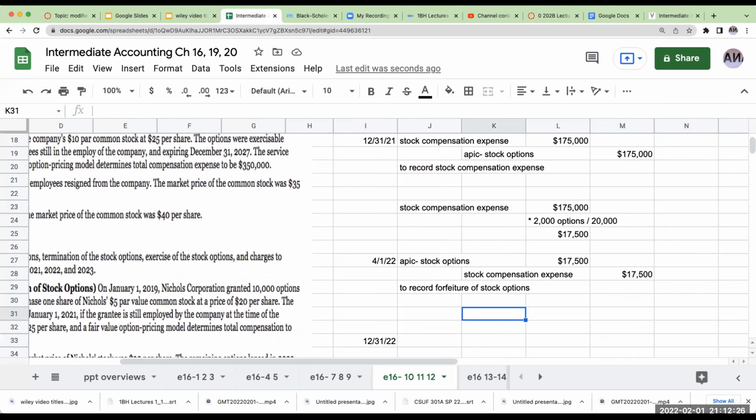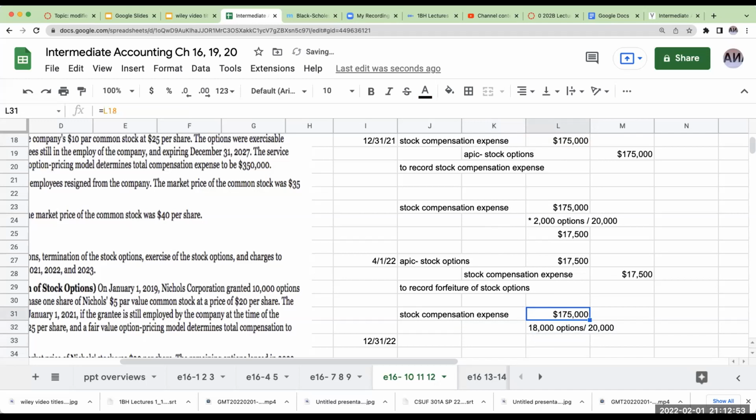So what about for 12/31/22? Well, we know that stock compensation expense for all of the options was 175,000. However, right now, not all of these options are outstanding. So remember, now we have 18,000 options of the 20,000.